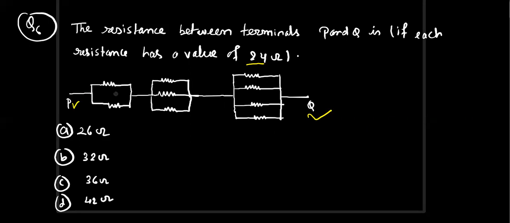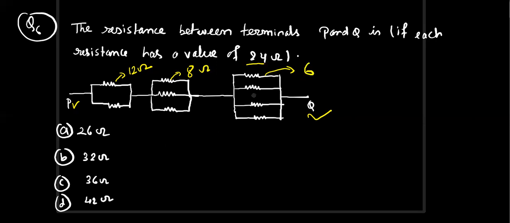As we know, in parallel combination of two equal resistances, it will reduce the resistance by half. So here the equivalent resistance will be 12 ohm, and in the parallel combination of equal resistances, 3 in number, connected in parallel, the equivalent resistance will reduce to 1/3. So 1/3 of 24 will be 8, and here the equivalent resistance will be 1/4 of 24, and that will be 6.